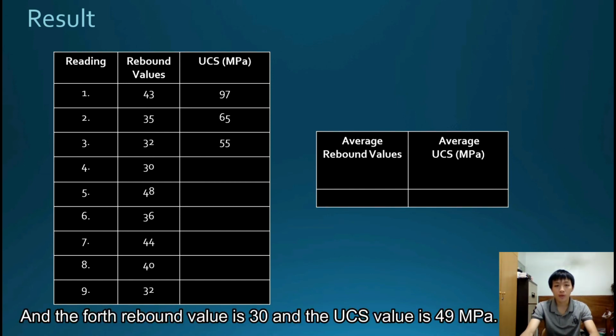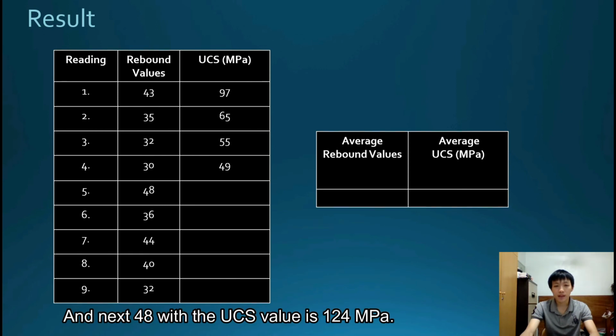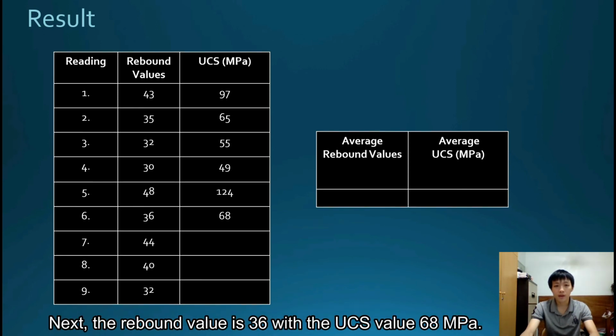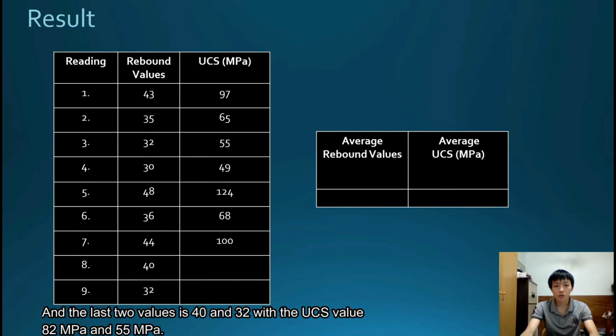The fourth rebound value is 30 with a UCS value of 49, and next 48 with a UCS value of 134. The next rebound value is 36 with a UCS value of 68, and the next is 44 with a UCS value of 100. The last two values are 40 and 32 with UCS values of 82 and 55.